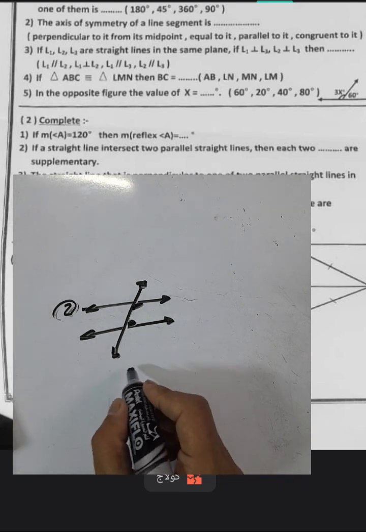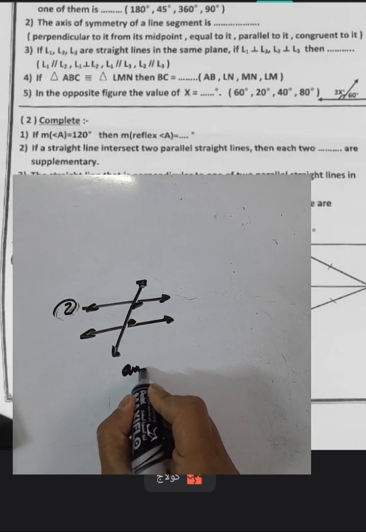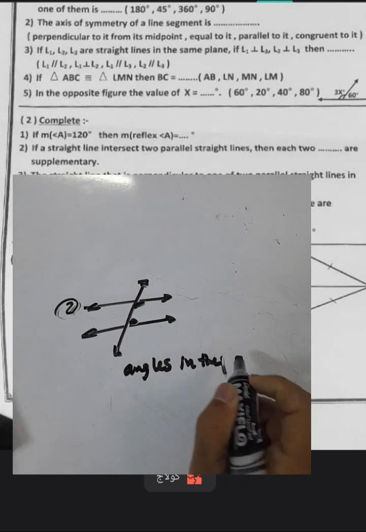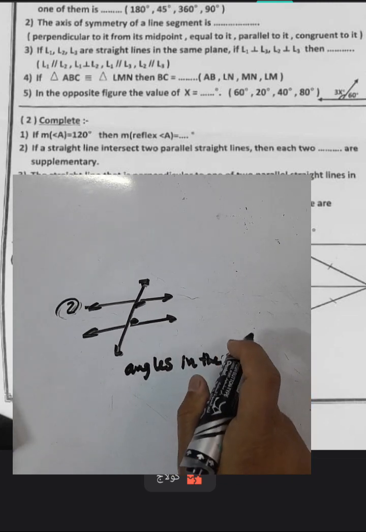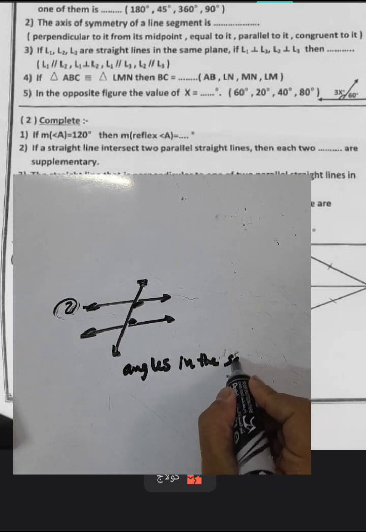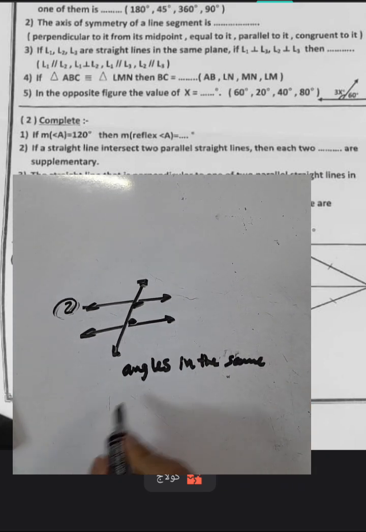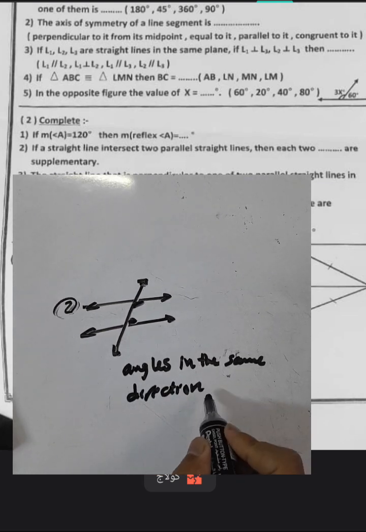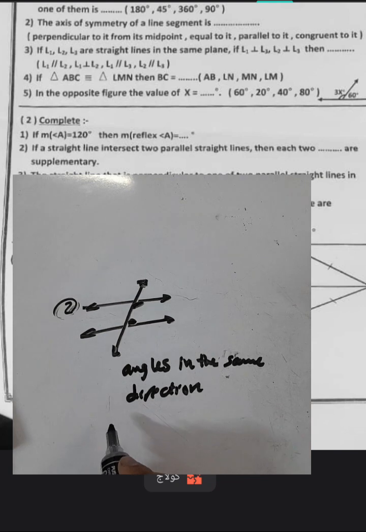Then each two included angles in the same direction are supplementary.